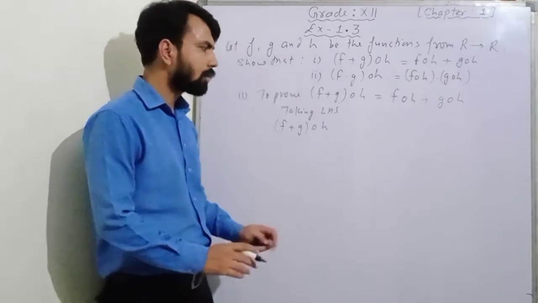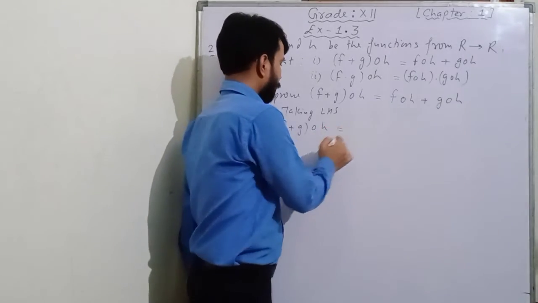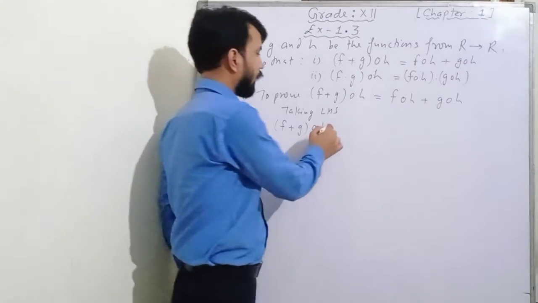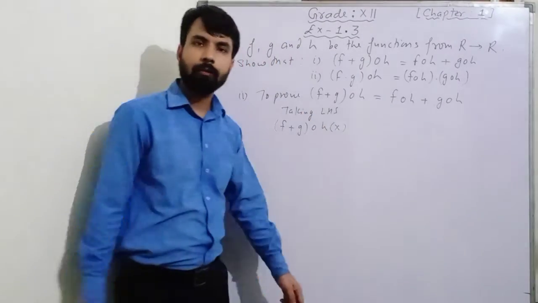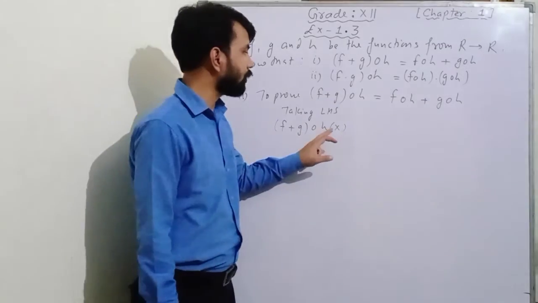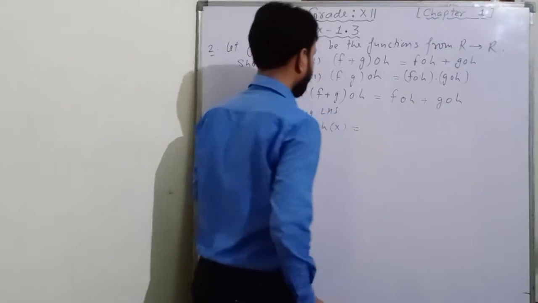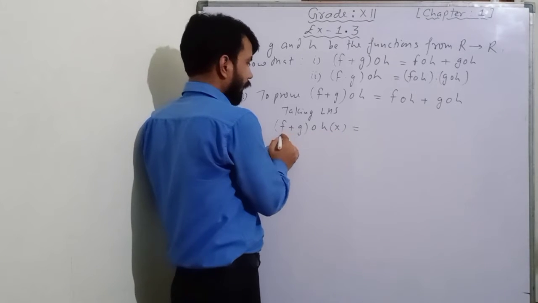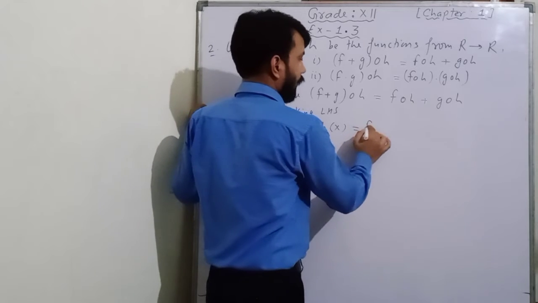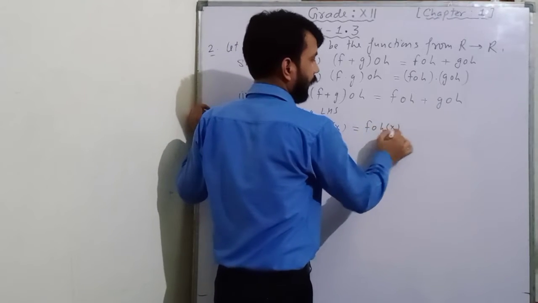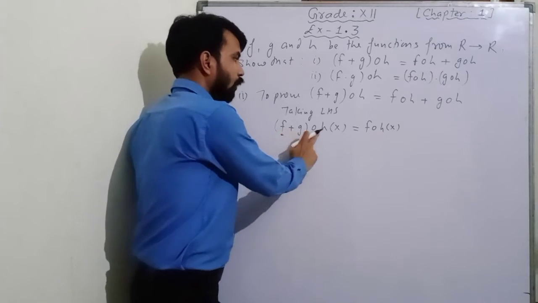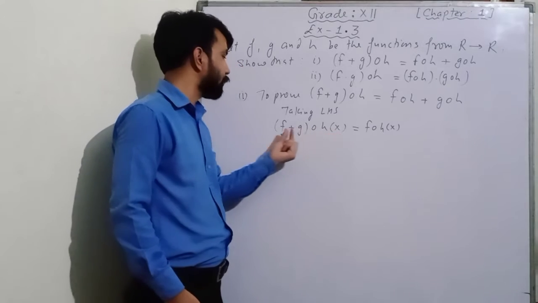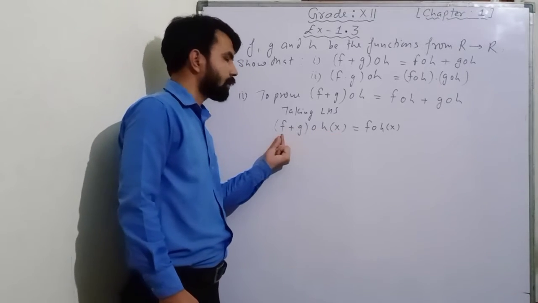Now see, we take this function for any real value, so I am considering x is a real value. So (f plus g) o h of x equals f of h x plus g of h x, because in (f plus g) of h x, h x will be distributed among these two functions f and g.